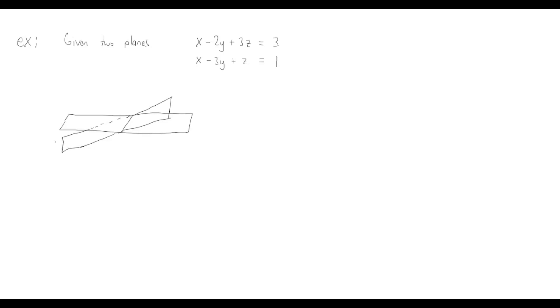Alright, so for any two planes in 3 dimensions, assuming they're not parallel, they are going to intersect in a line, alright?